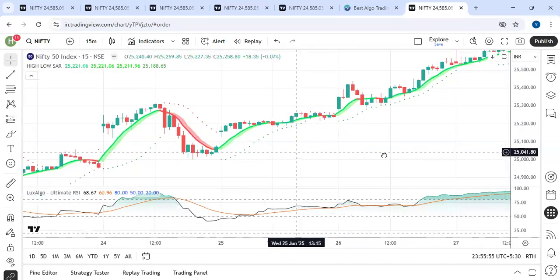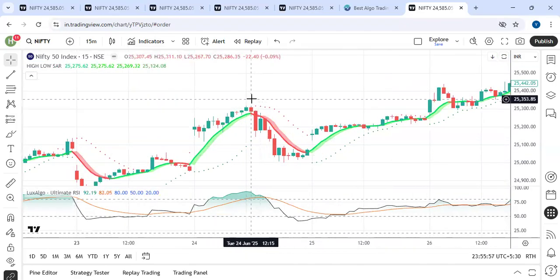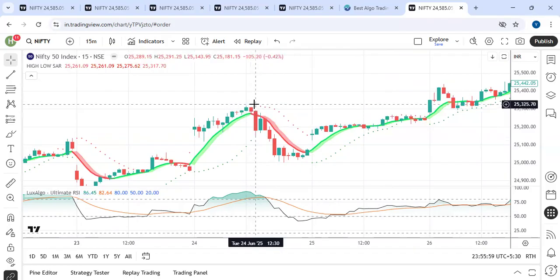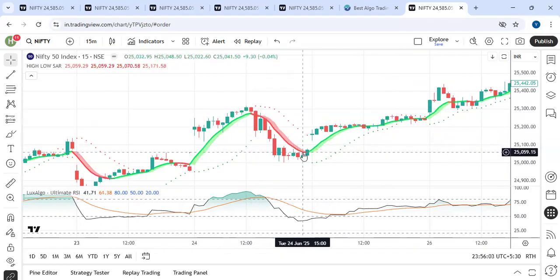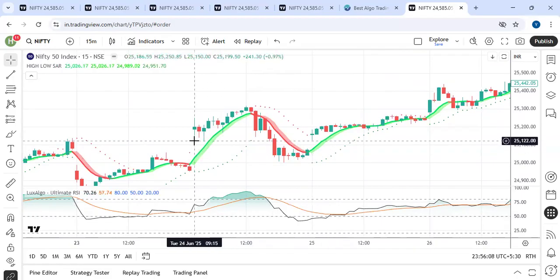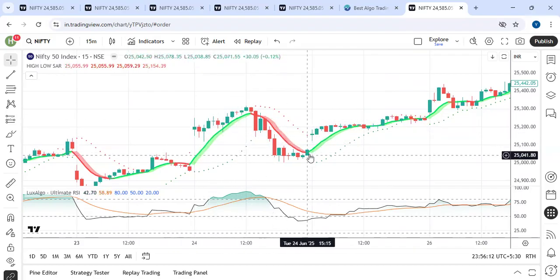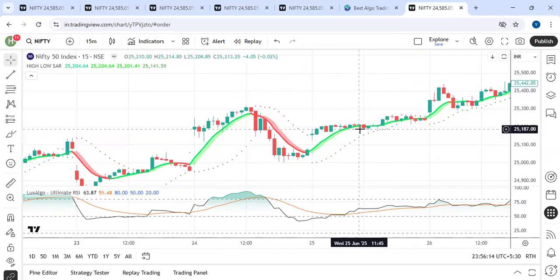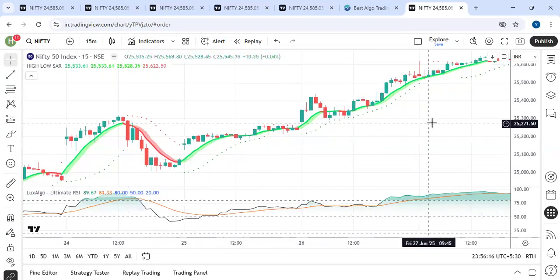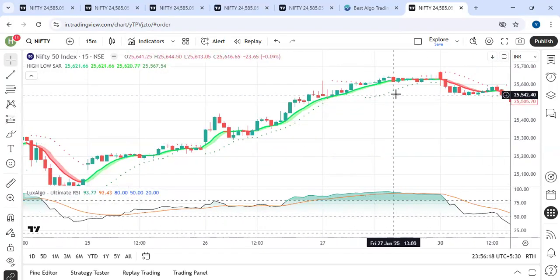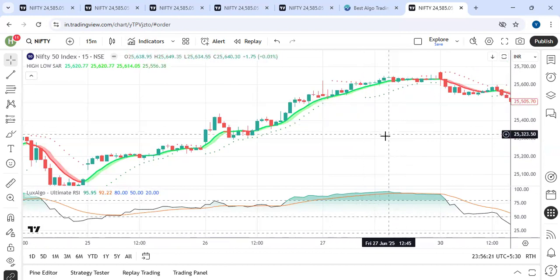So see, you initiate a short once the color changes from green to red, and you stay there till it gets changed to green. If you see here, right? Very good examples. Okay, very good moves. Similarly here. So nice ones. Just see, you can try it out because it has the feature of parabolic SAR as well.